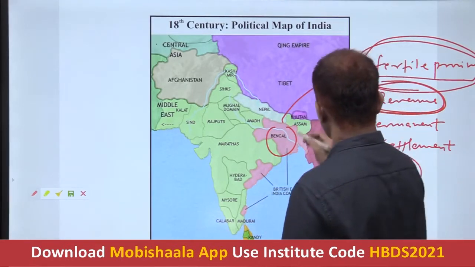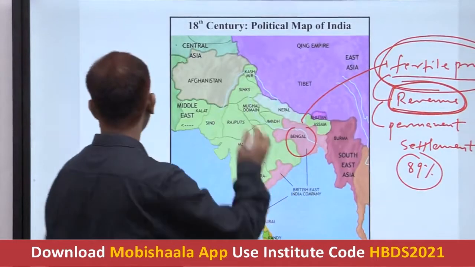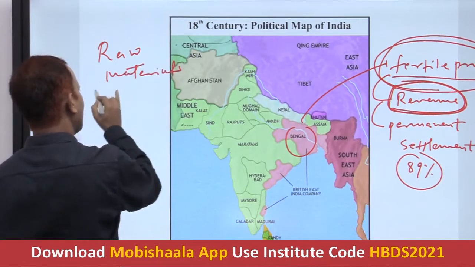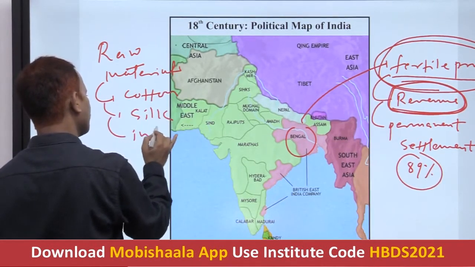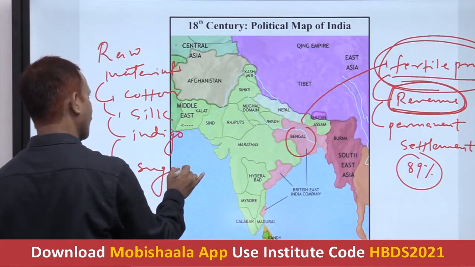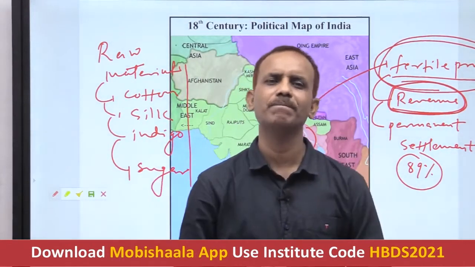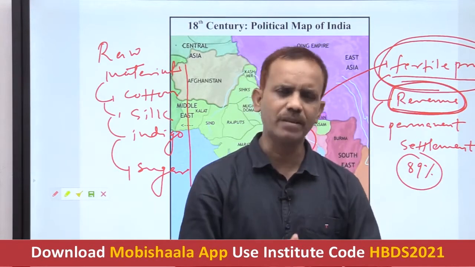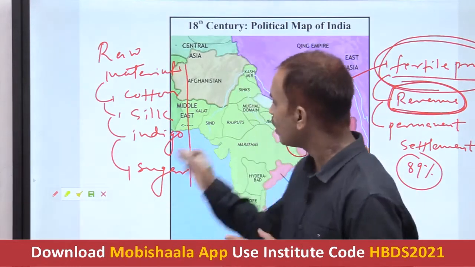First point. Second point was, Bengal was also a rich source of raw materials like cotton, like silk, like indigo, like sugar, and so this region was extremely important for British company, because you can see later on that the whole foundation of British Industrial Revolution was based on the import of all these raw materials from Bengal.